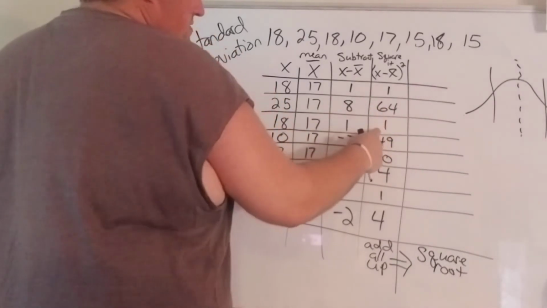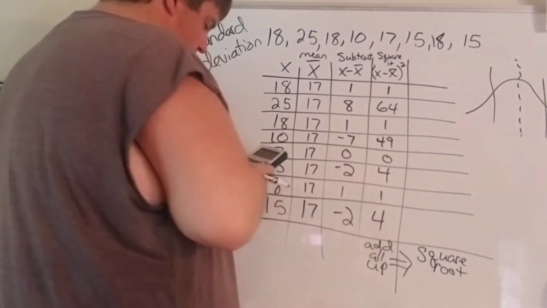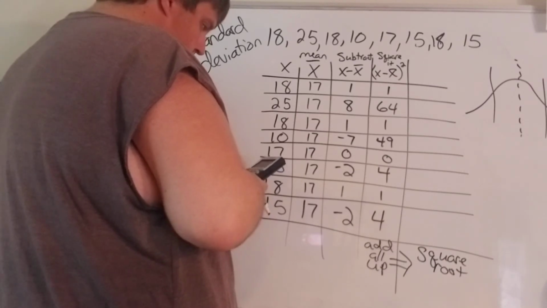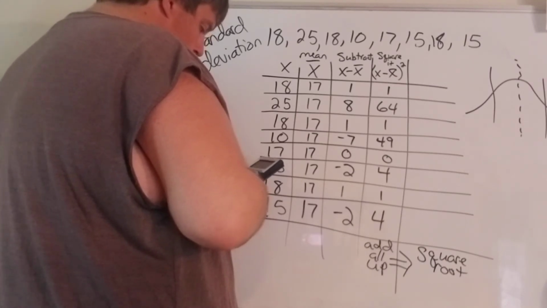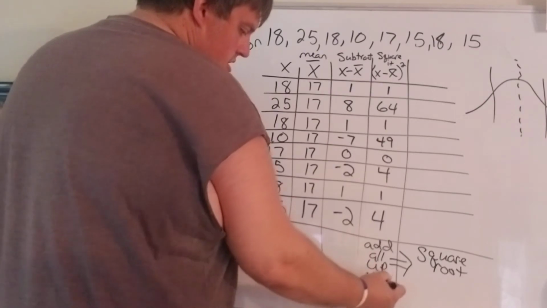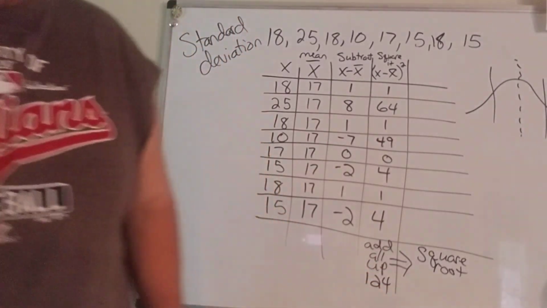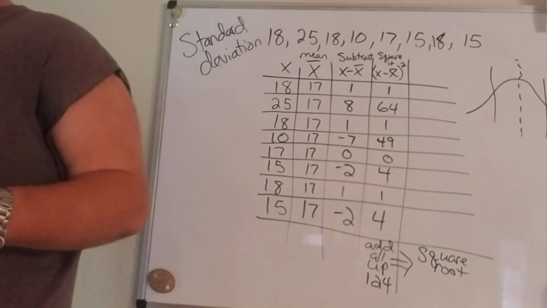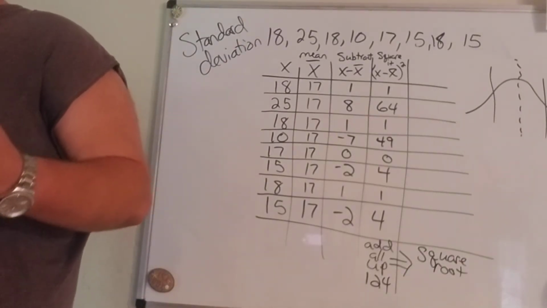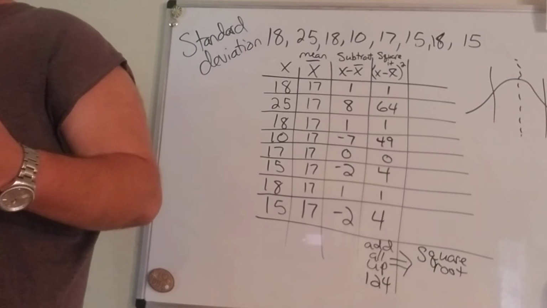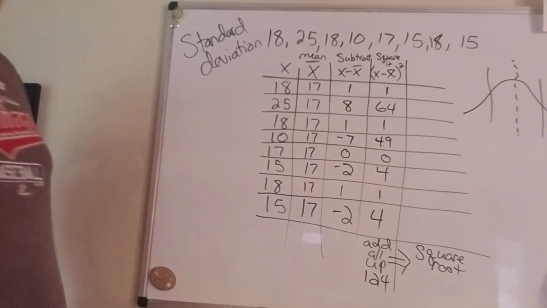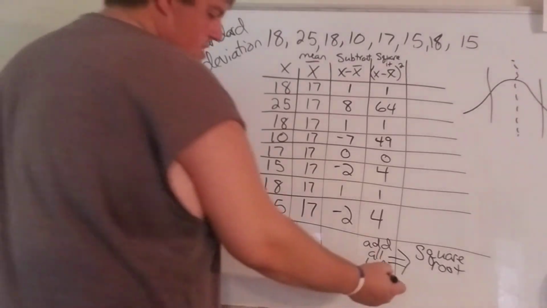So 65, 66, oh boy. My brain's a little foggy today. I got 124. Let me double check that number for you. Hopefully you got 124, right? All right, so that's this.